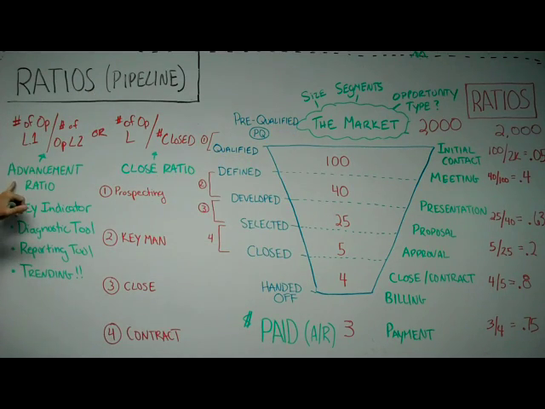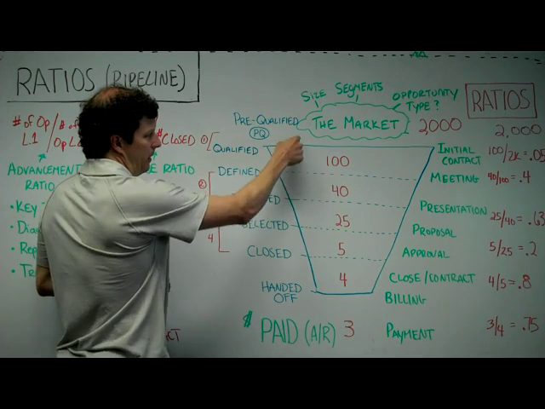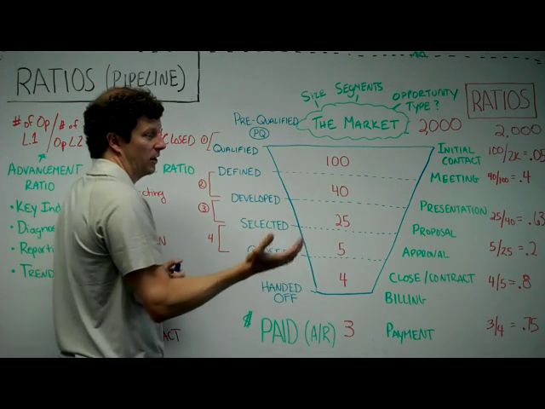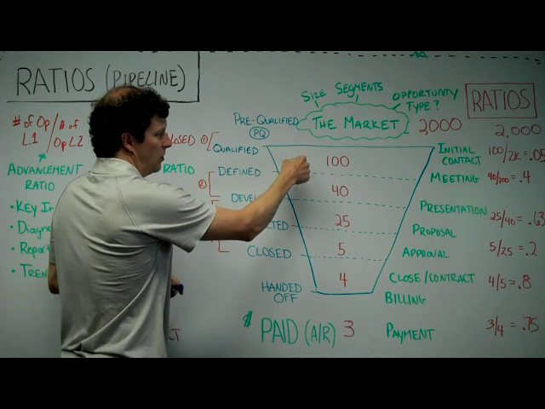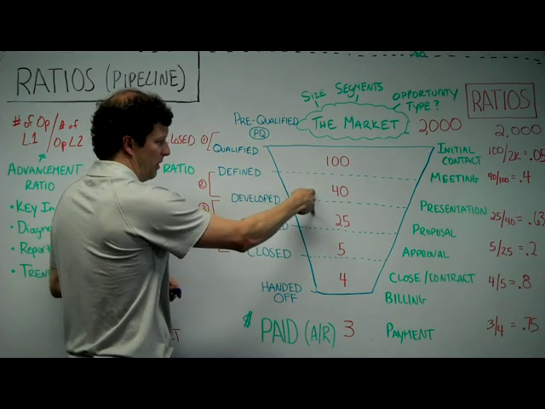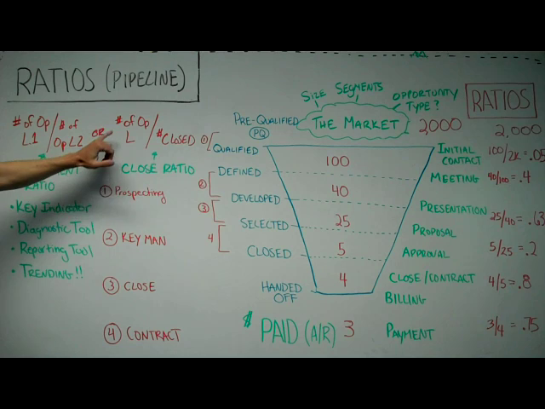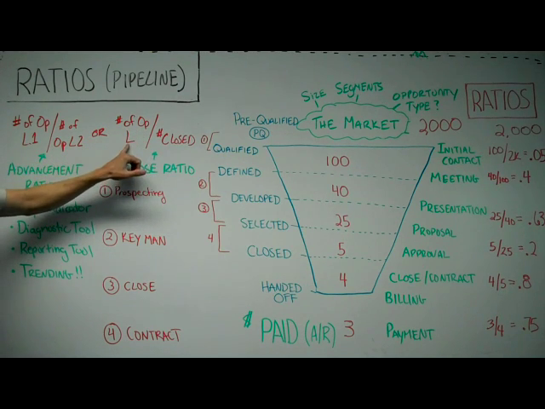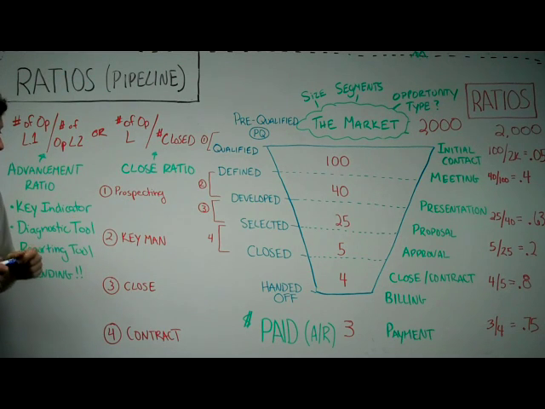That's called an advancement ratio, because what that's measuring is, did I advance the company, and if you haven't watched the advancement video, watch that one as well. Did I advance the company from one step to another in my pipeline? So there could be an advancement ratio here, there could be an advancement ratio here, there could be an advancement ratio here. There's also another sort of ratio, which is the number of opportunities at any given level to the number that closed, and that's the close ratio.